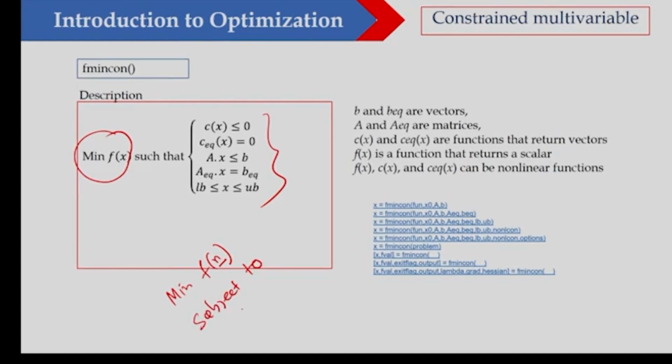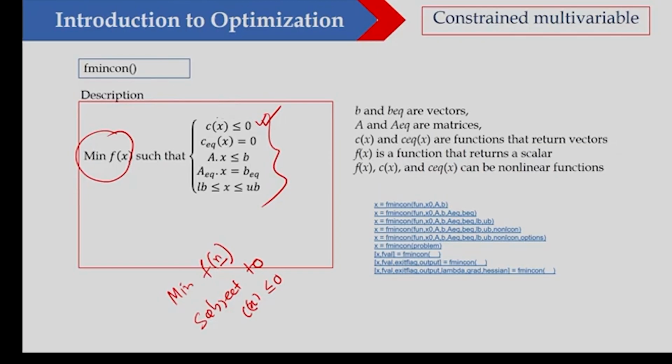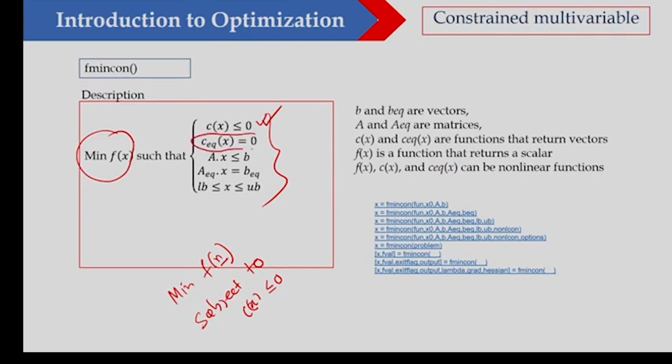c x is less than equal to 0. The first one is c x less than equal to 0, that means this is a non-linear inequality constraint. Then the second one is ceq x, that means this is a non-linear equality constraint.